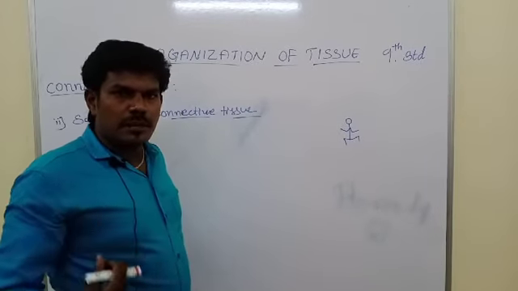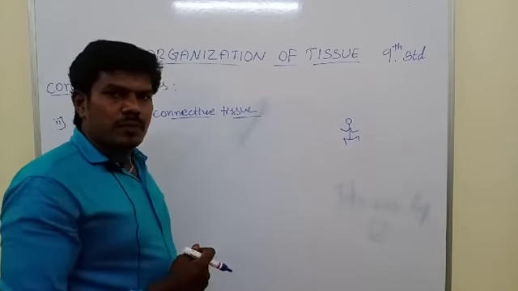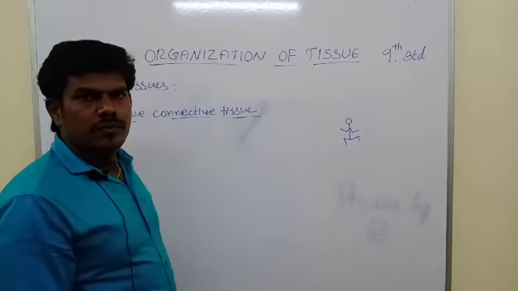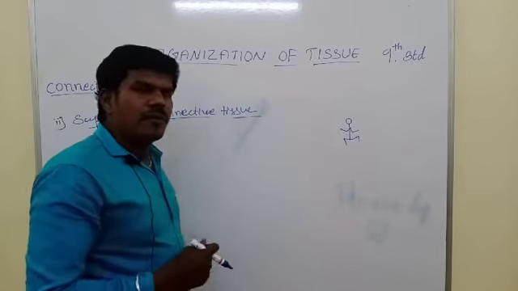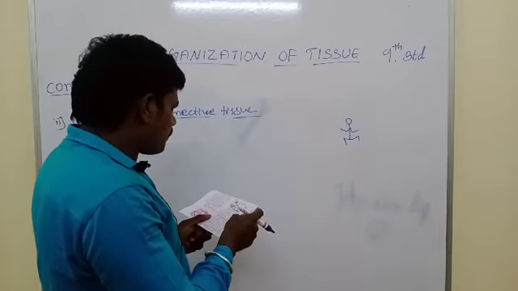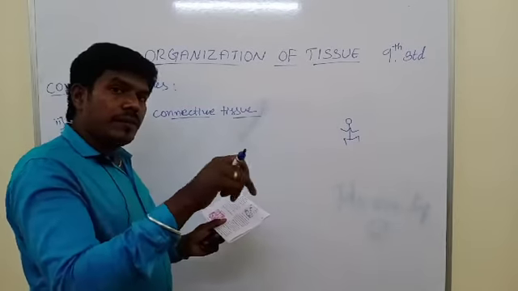If bone is not present, it is not possible for that person to move from here to there. To move, the person needs the help of bone, and the bone must be present in proper connections. Like that, the body protects various organs and helps in locomotion.